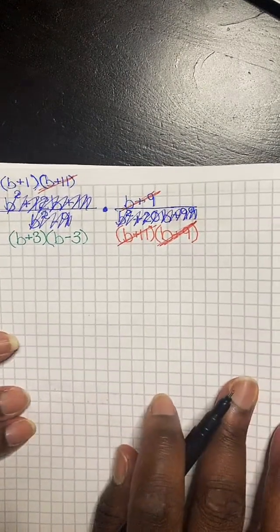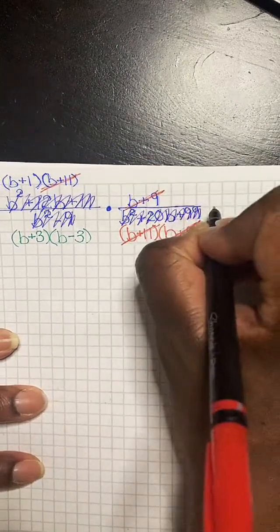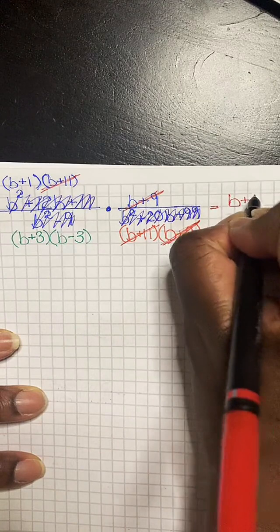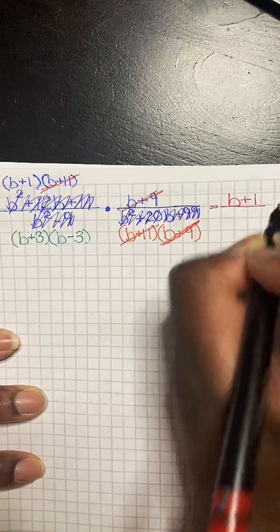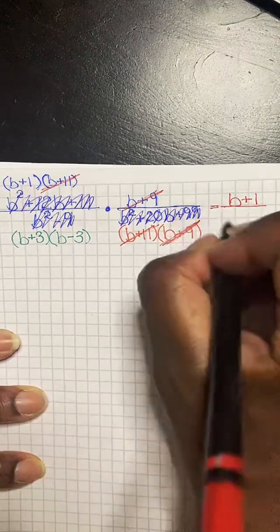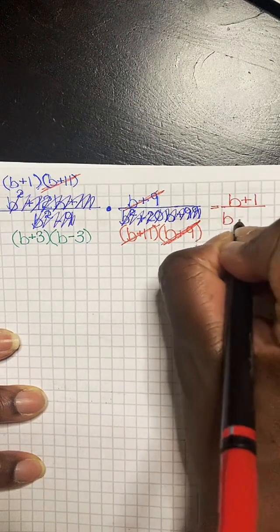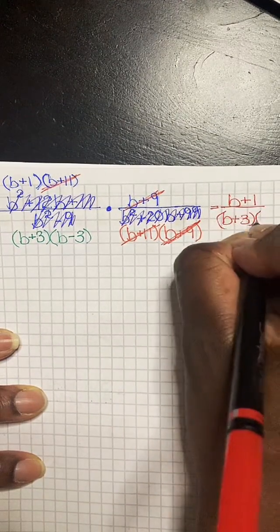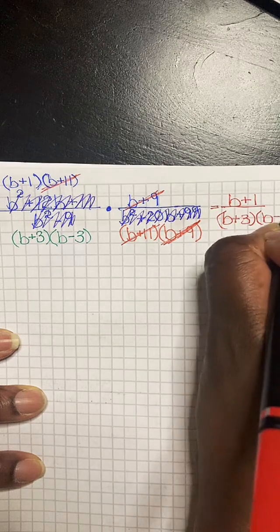So what's left over is simply, in the numerator, we only have that b plus 1. And then in the denominator, all we have is that b plus 3, b minus 3.